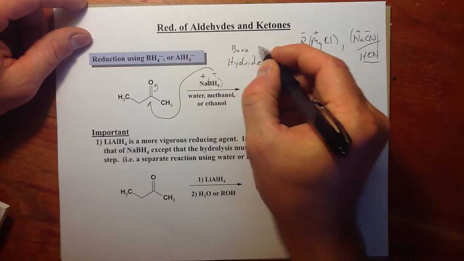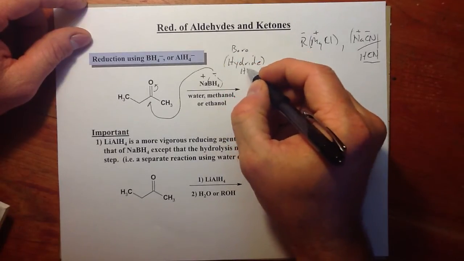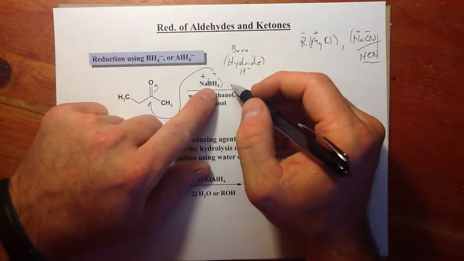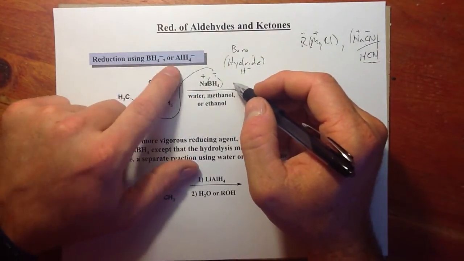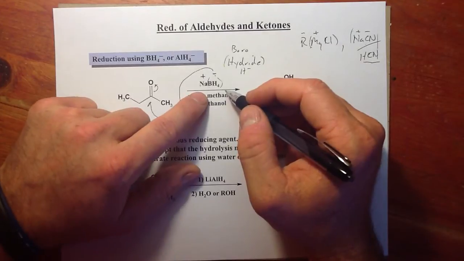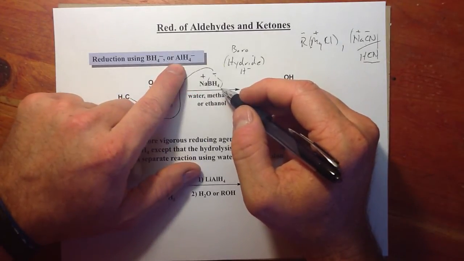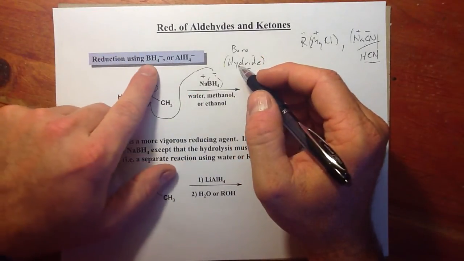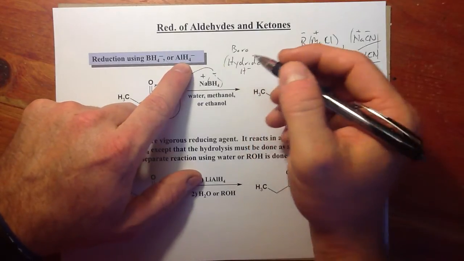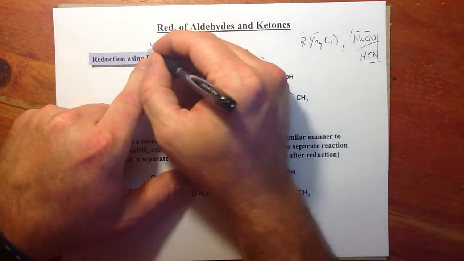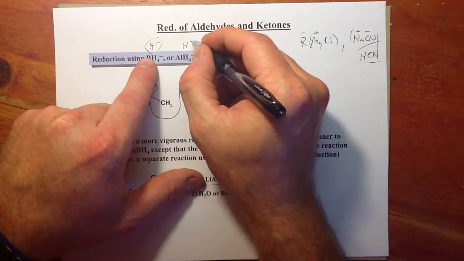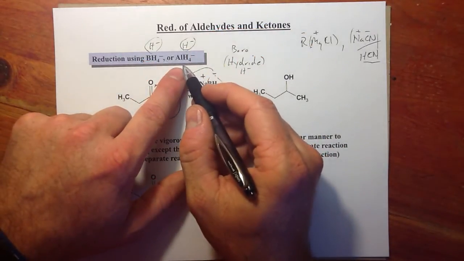Hydride is H with a negative. So we're just delivering it through the BH4. An aluminum hydride, we're delivering the hydrogen through this aluminum hydride. So always think when you see BH4- or AlH4-, think, oh, what I'm delivering is an H-. I'm delivering it through this anion.